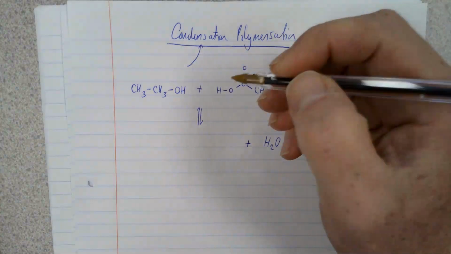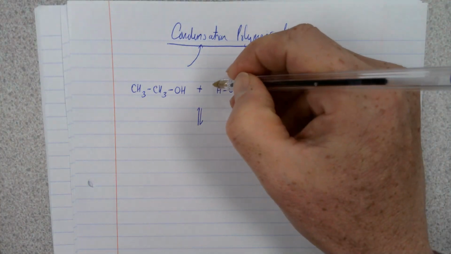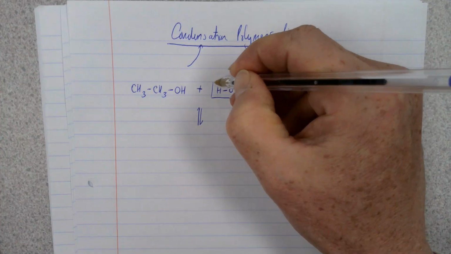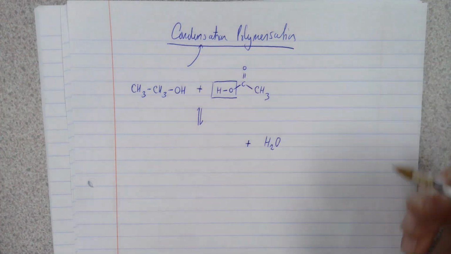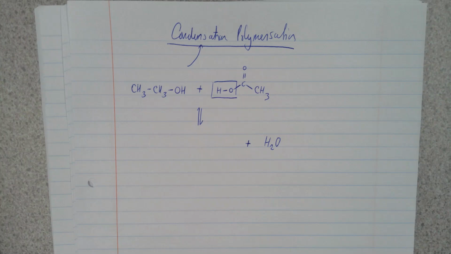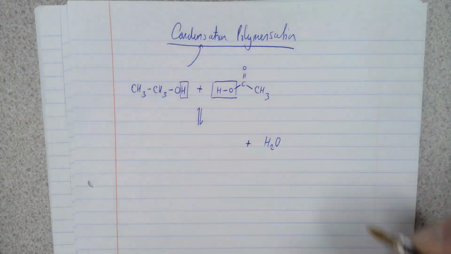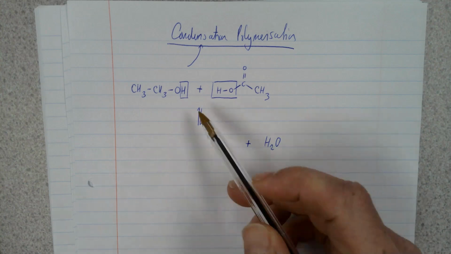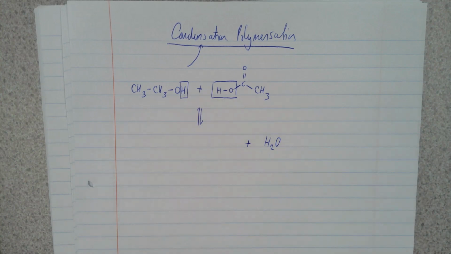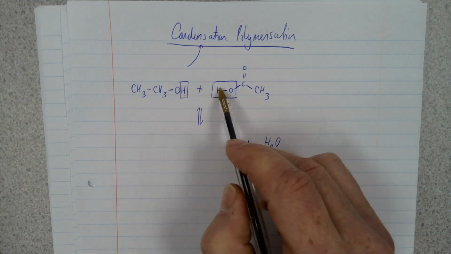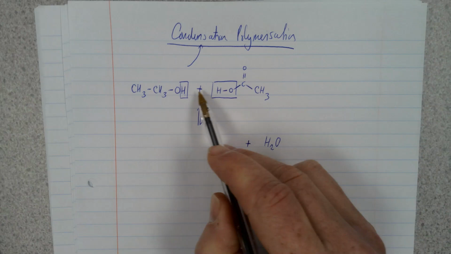And then what happens is the OH from one of those two molecules, and we know in chemistry it's usually the OH from the carboxylic acid for reasons that I'll spare you, and the H from the other molecule, which is usually the H from the hydroxyl. If you get it wrong and it's the other way around, it doesn't matter, you get the same outcome. So you end up forming a water molecule from the H from one of the molecules and the OH from another.